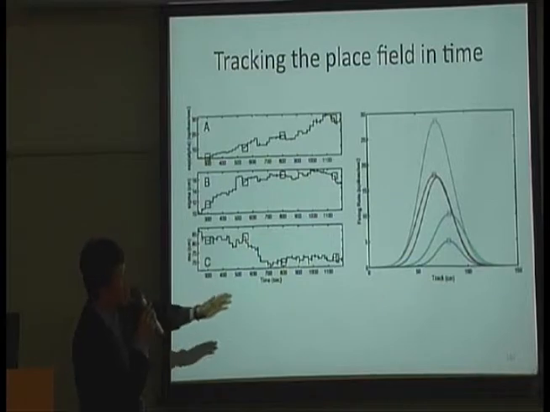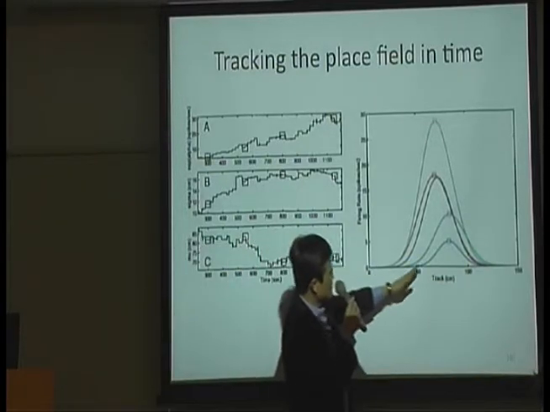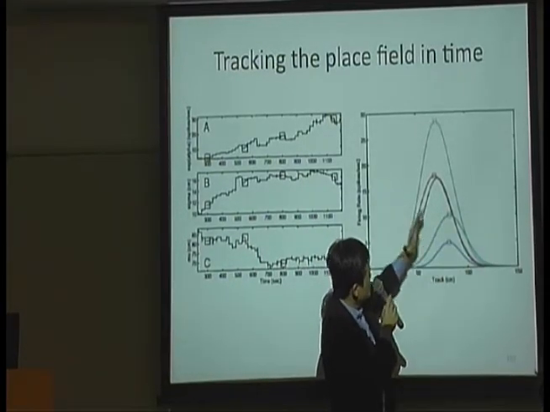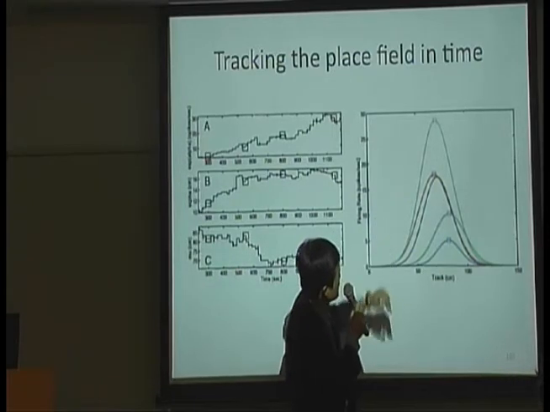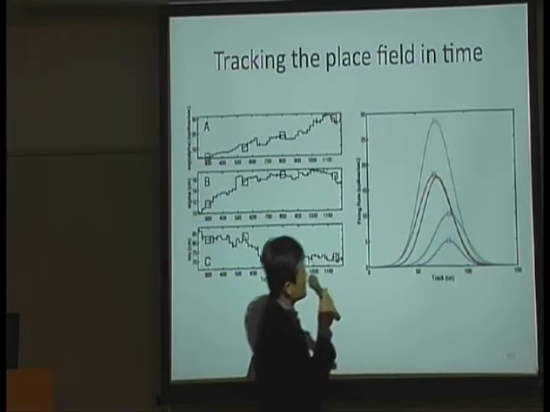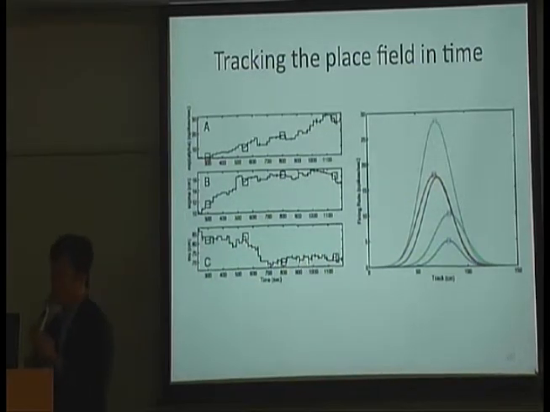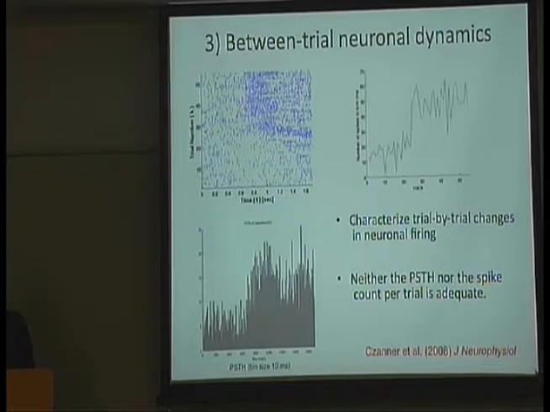It's showing the receptive field change at different time points, and the filter is able to track the shape of the receptive field. The other day, yesterday, I showed some video of the simulation, tracking the receptive field shape. It's very simple.